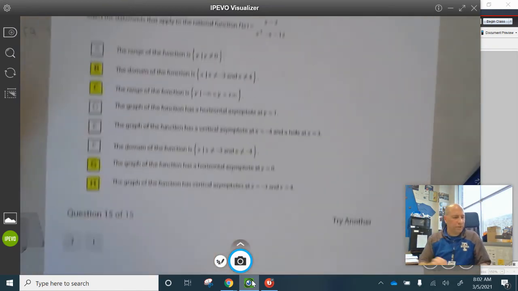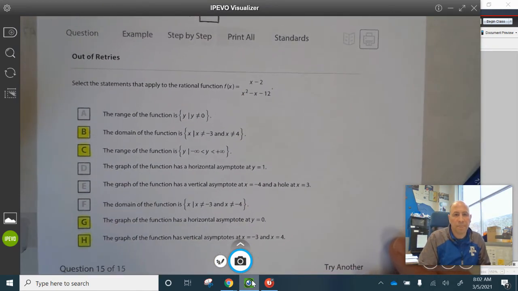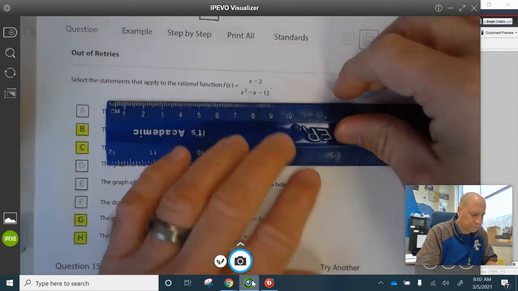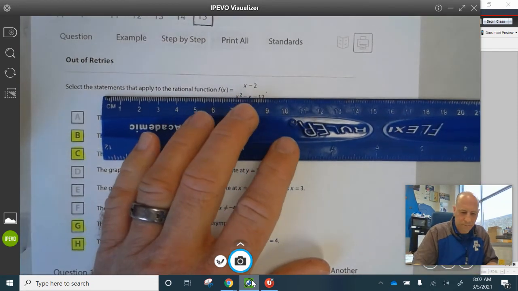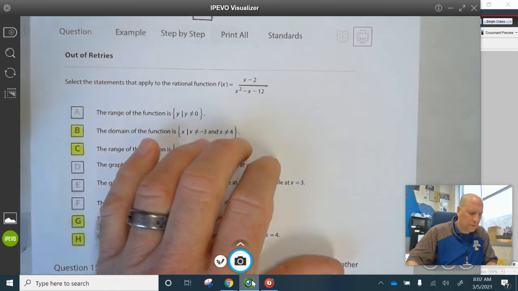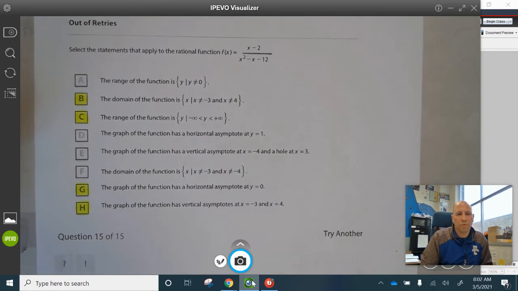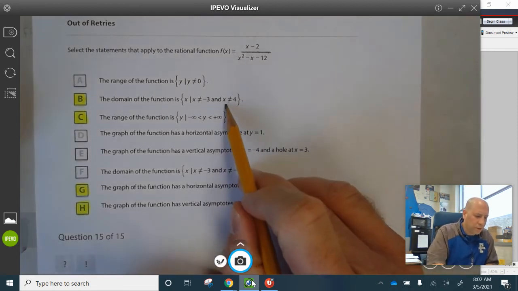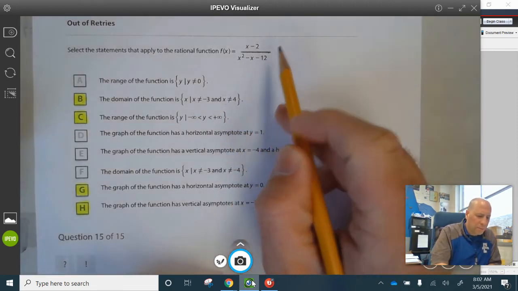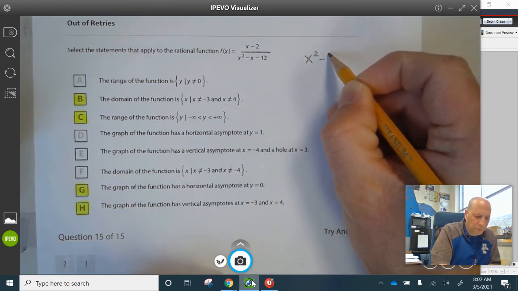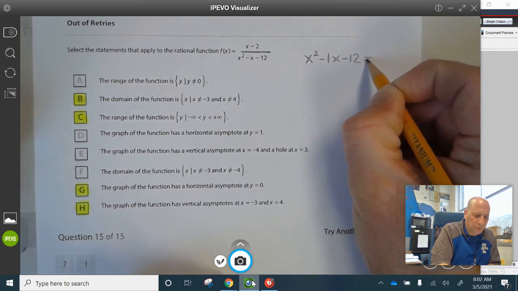All right, last question. Select the statement that applies a rational function. So the correct answers are the domain of the function is x such that x does not equal -3 and x does not equal 4. And you get that by setting x squared minus 1x minus 12 equal to 0.